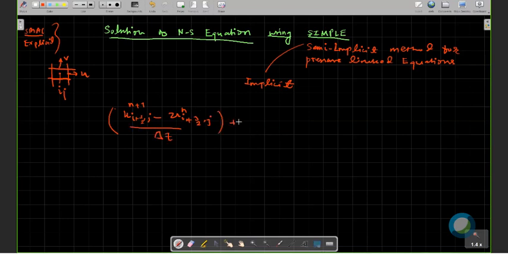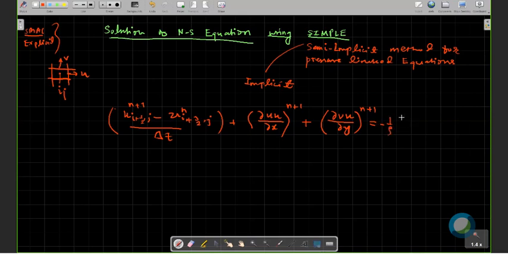Other terms: del u squared del x, this is also at n plus 1. That is what implicit means. Del vu del y, this is also at n plus 1.